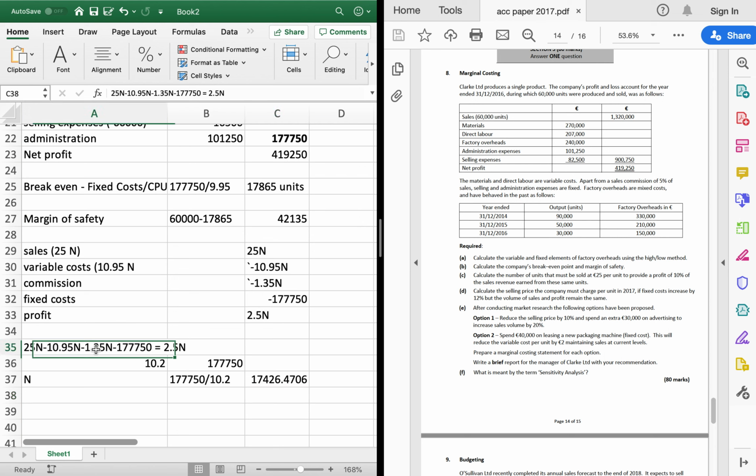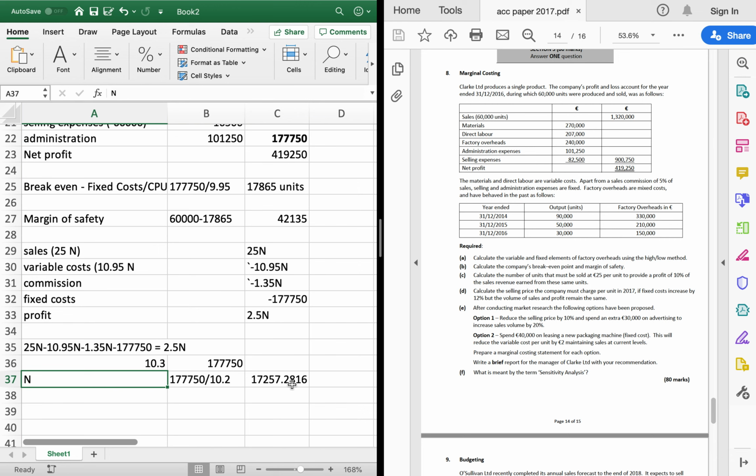It's telling me I've made a mistake here somewhere. 25N, 12.2. 25 minus, sorry, 12.2 minus 2.5, 10.3.